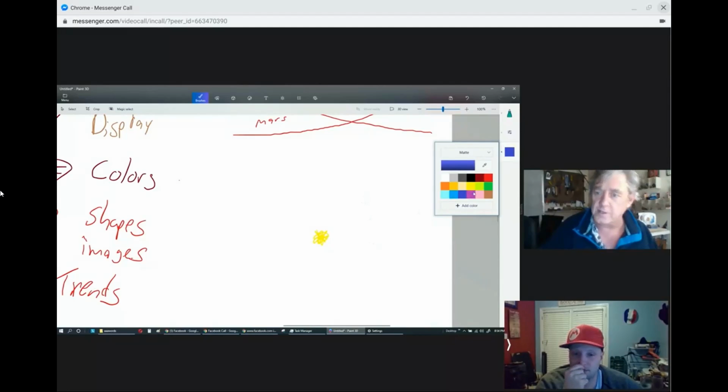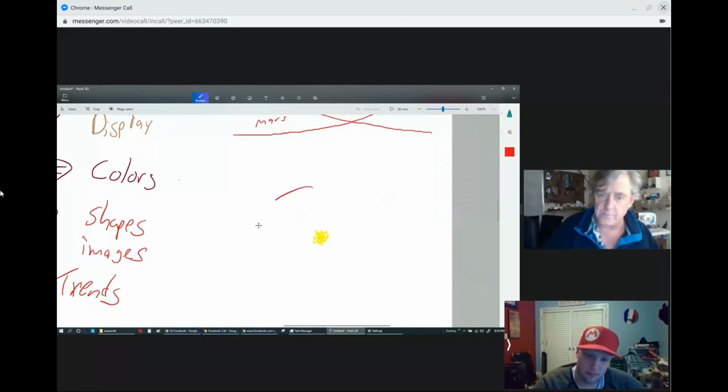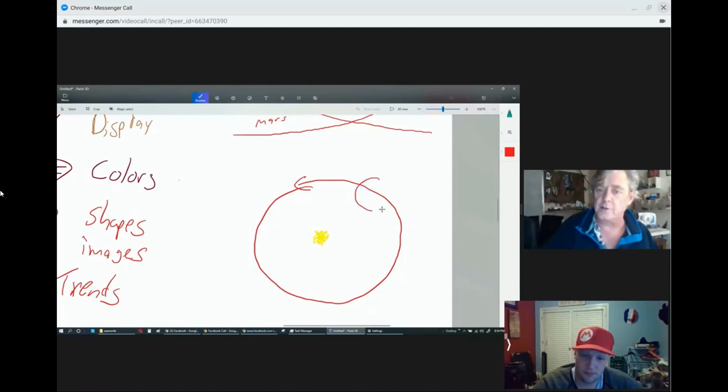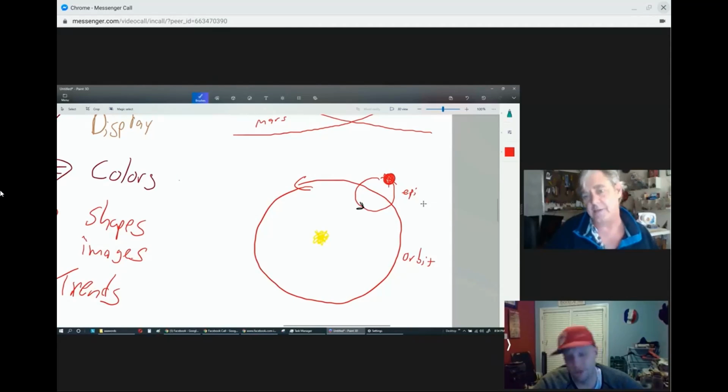What he said was, there's these circles, and I'm going to draw red for Mars. As Mars goes around, that's fine, except there's these other little circles that are also going around. So retrograde motion happens during this little section here, because Mars is actually on this circle here, right? Yeah. So there's this orbit, and then there's this epicycle, this extra, abstract cycle.